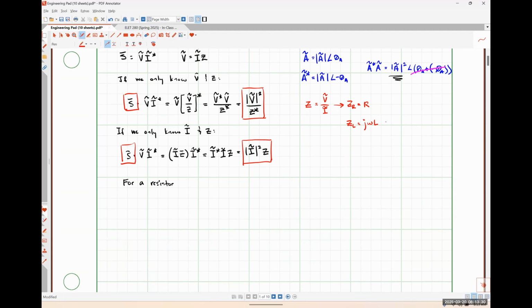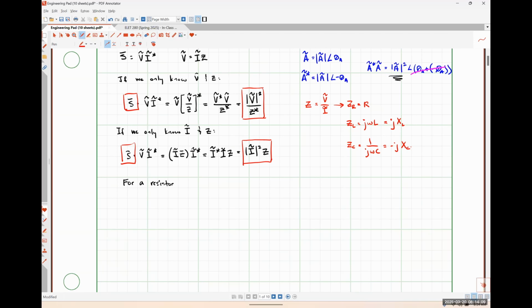We could also write this as simply j X sub L, where X sub L is the reactance of our inductor, which is simply omega L. And for a capacitor, our impedance is 1 over j omega C, or negative j X sub C, where X sub C is the reactance of the capacitor, which in this case would be 1 over omega C.